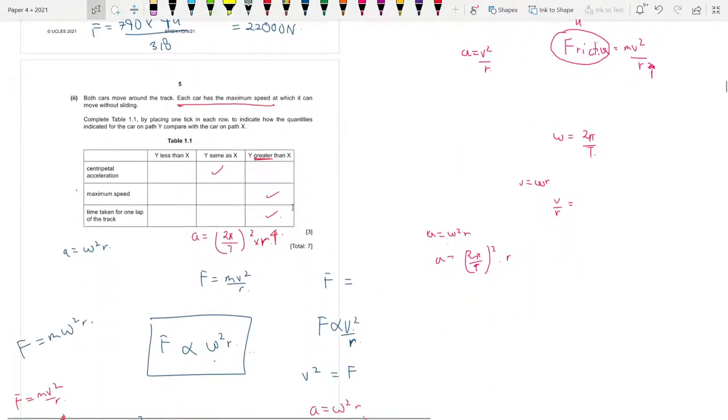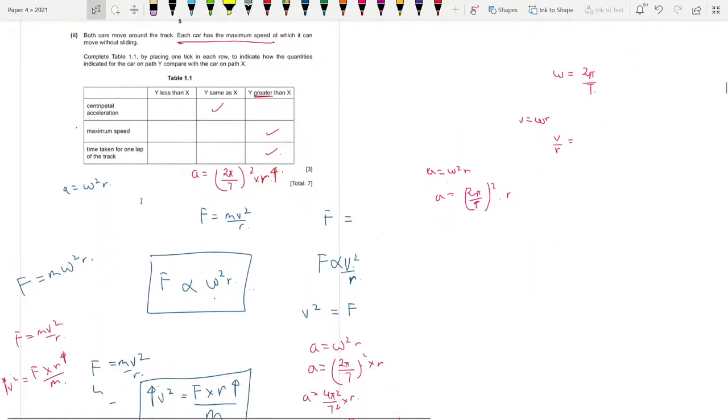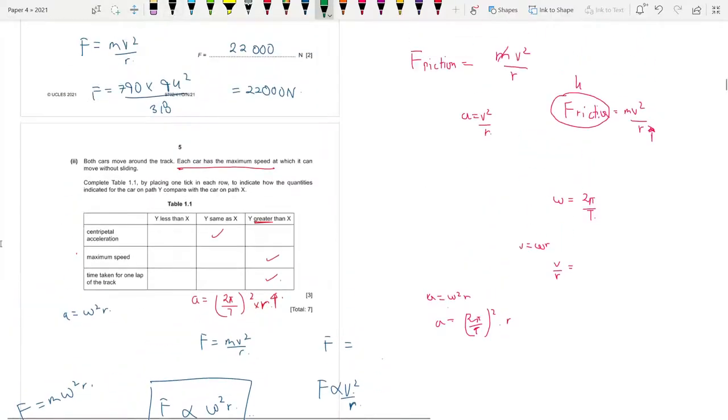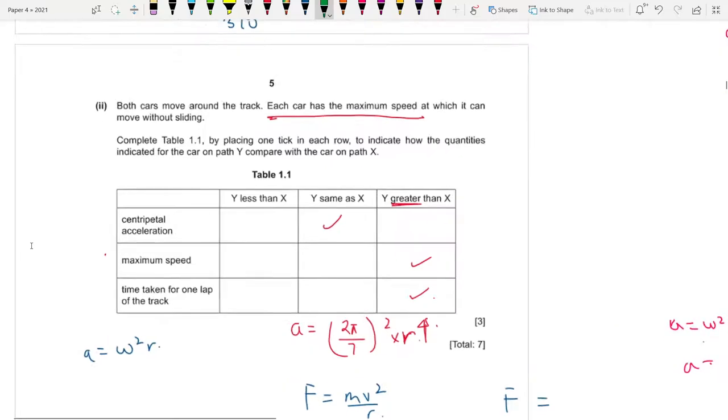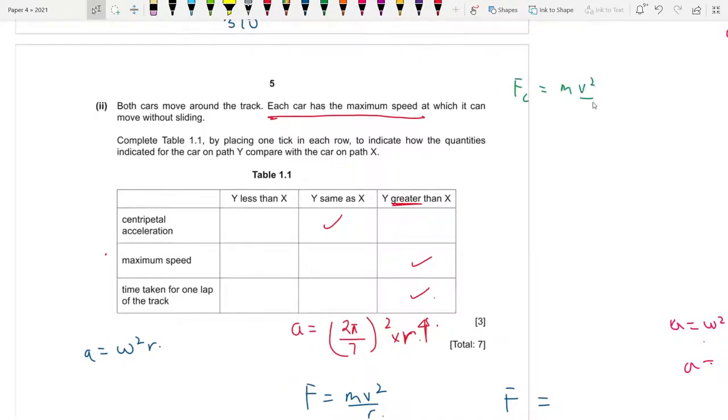So, for both cars, friction is the same, right? So, their centripetal force is also the same. So look at this. We know that centripetal force is equal to mv square by r, and this v square by r is our acceleration, right?